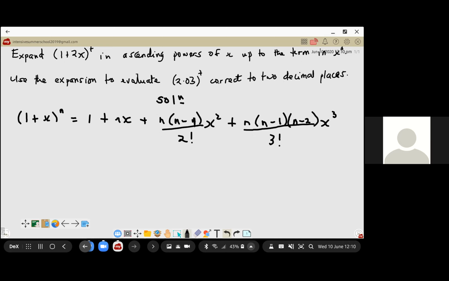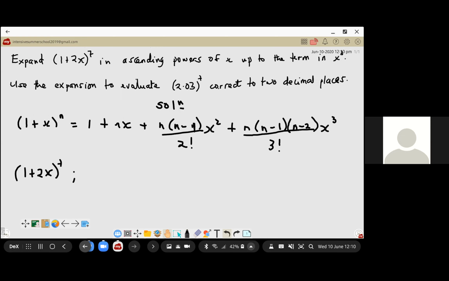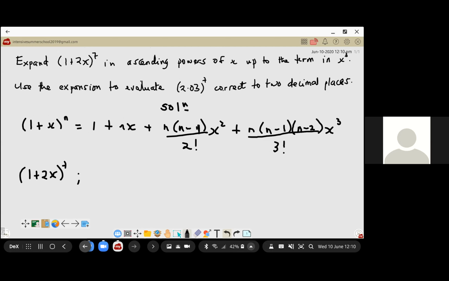Yes. So what do we do next? Joe. Comparing (1 + 2x)^7 with the first formula, n is 7 and our x is equal to 2x.